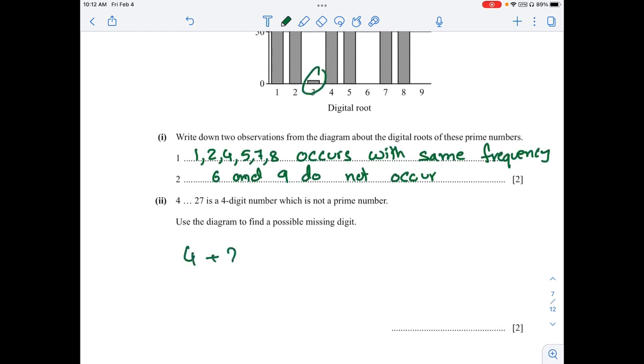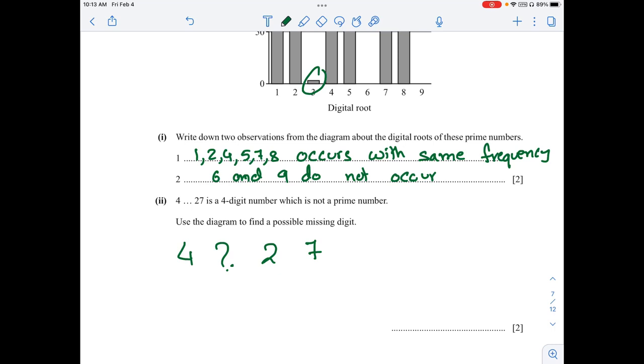4, some digit, 2, 7 is a 4-digit number which is not a prime number. Use the diagram to find the missing digit. So it is 4, a question mark, 2 and a 7.